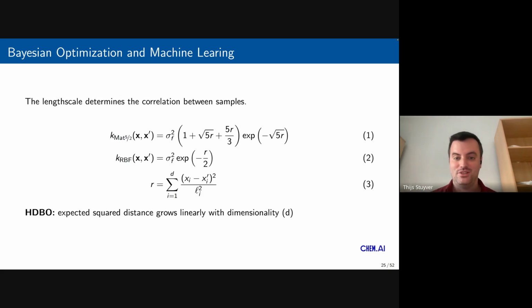But you need to put initial values there, and you also need to put some bounds in your hyperprior, and that's where the problem arises, because initially, when you don't know anything yet about your problem, about your data, then you just have to initialize by setting all the length scales at a fixed value. At least that's what is typically done in Bayesian optimization campaigns based on Gaussian processes.